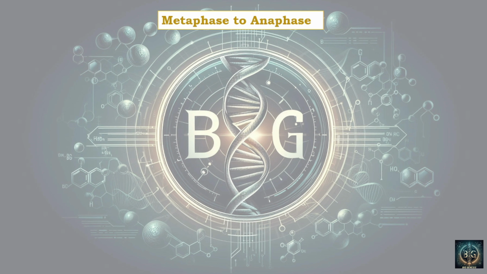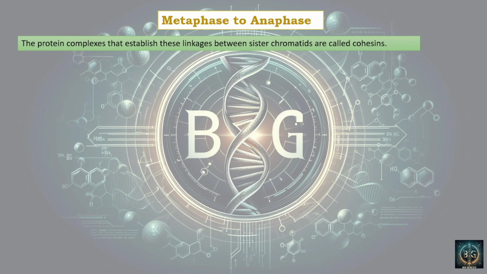Next, the cell enters prophase of M phase, and after prophase it enters metaphase. In metaphase, different protein complexes that together establish the linkage between sister chromatids are called cohesin proteins.